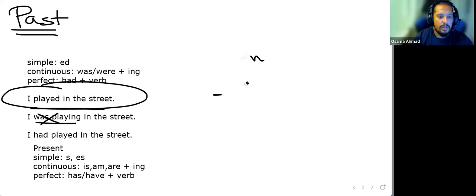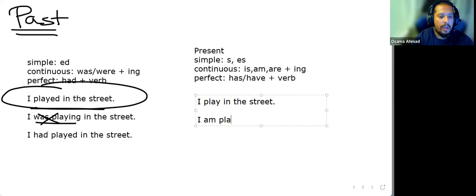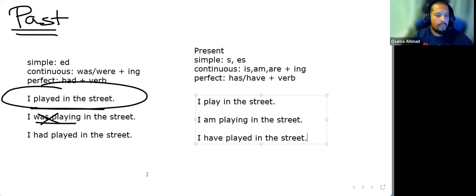Let me just delete all this. Okay, so I'll talk about the simple tense. I play in the street. I am playing in the street. I have been playing, or I have played in the street. Which one is the best tense? The simple form.